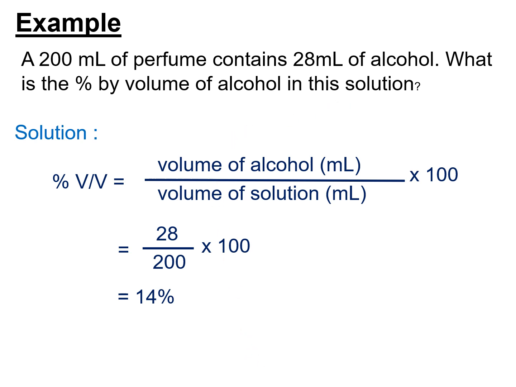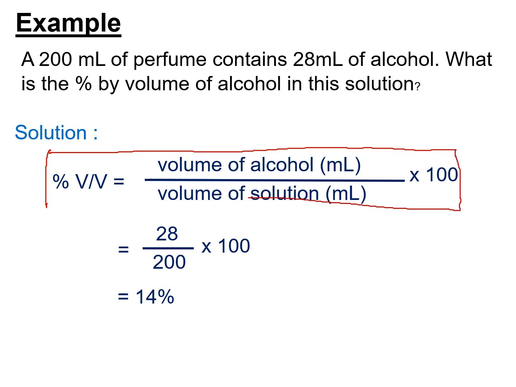Okay, untuk soalan ni macam biasa, you nak jawab apa-apa soalan pun, you need to tulis dia punya formula sebelum you nak proceed to the next. Okay. So, percentage by volume, you know that volume of solute divided by volume of solution times with 100.